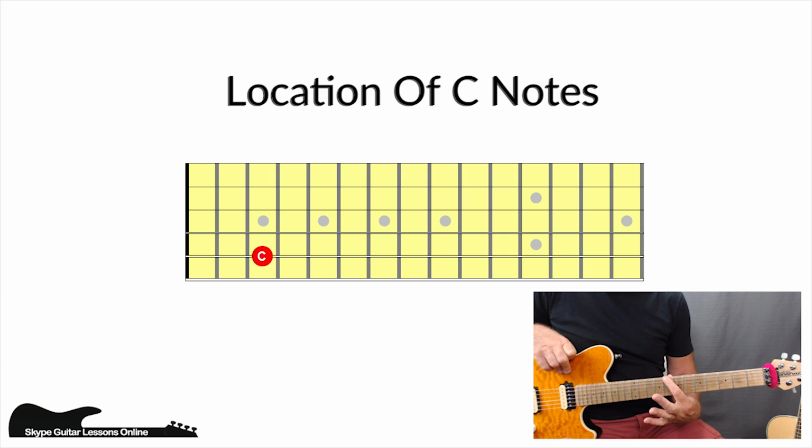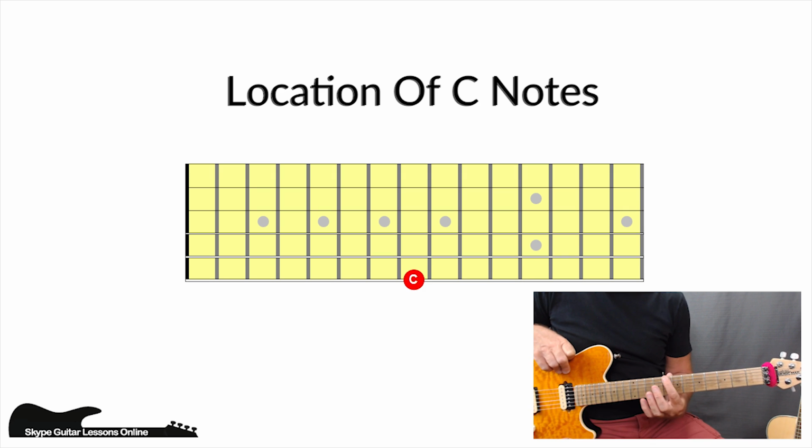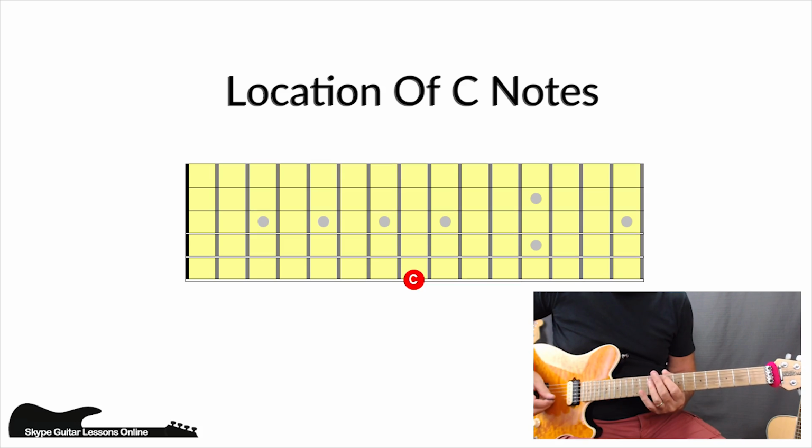We've also got the same note, the C, on the 8th fret on the low E string. And we've also got another one that appears here on the 10th fret of the D string. These are the C positions that we will be featuring. I know there are other ones, but we are looking at that C, and that C.